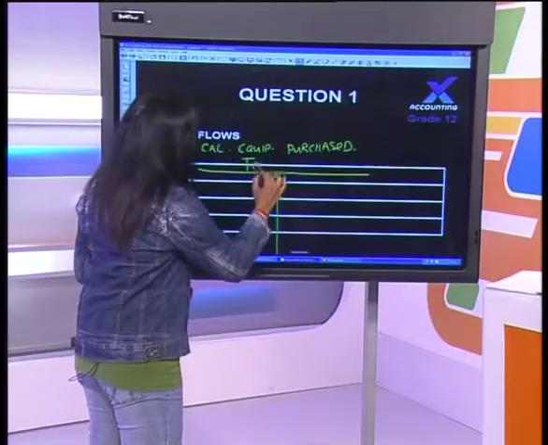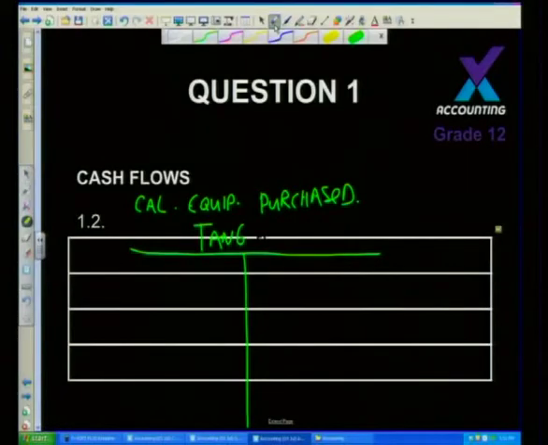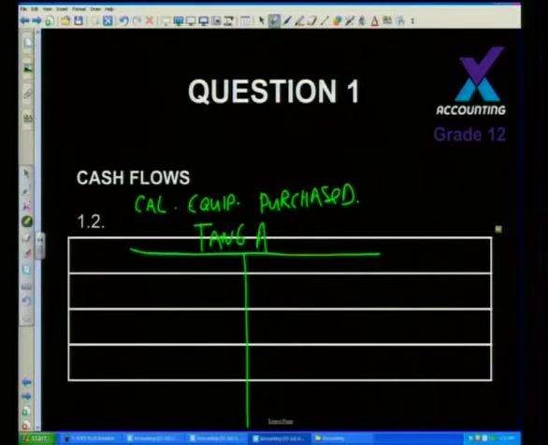So I'm going to call this T account tangible assets. It is obviously an asset, so A above. On the debit side, I'm putting a plus sign. On the credit side, I'm putting a minus sign.